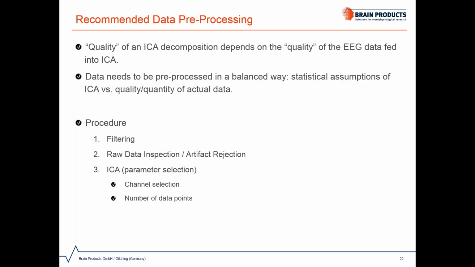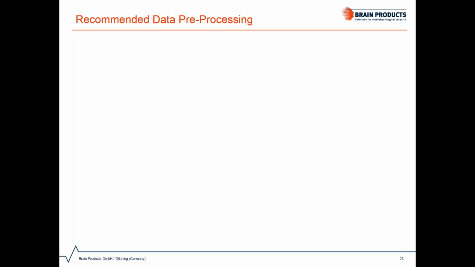Let's check those preprocessing steps in detail now. Using a high-pass filter is generally recommended to get rid of slow potentials that can massively deteriorate ICA. However, one has to consider the consequences of the filter settings for subsequent analysis.